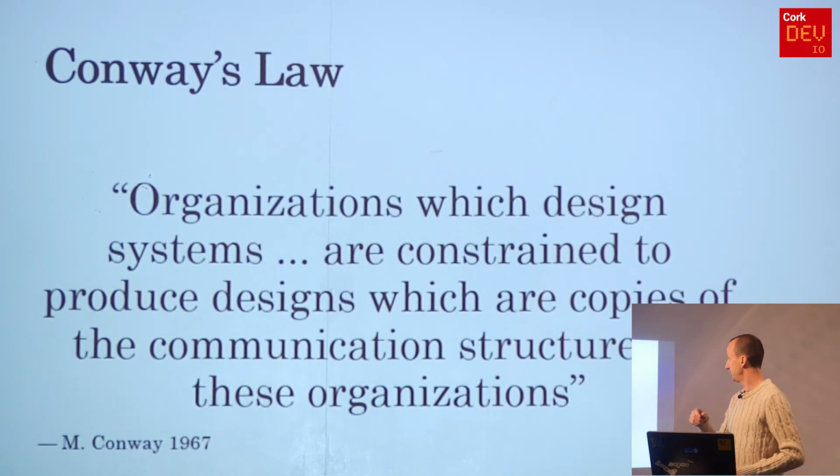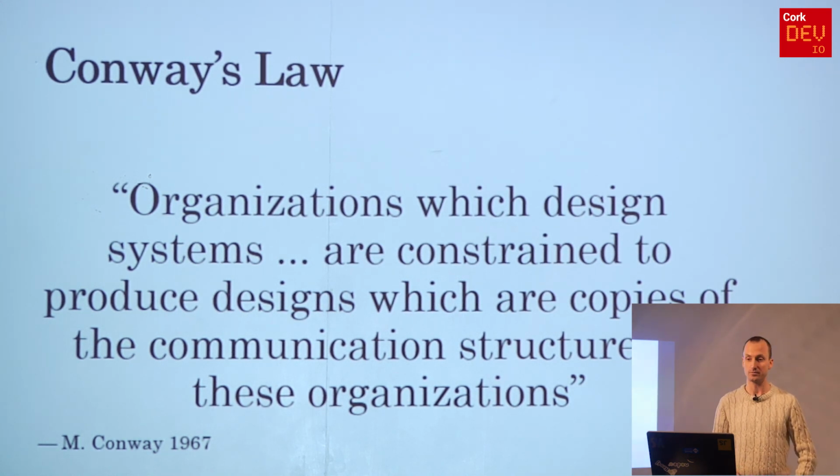So there was a guy called Conway, and he came up with this thing now called Conway's Law, but he basically said that the structure of your organization will be the same as the structure of your code.